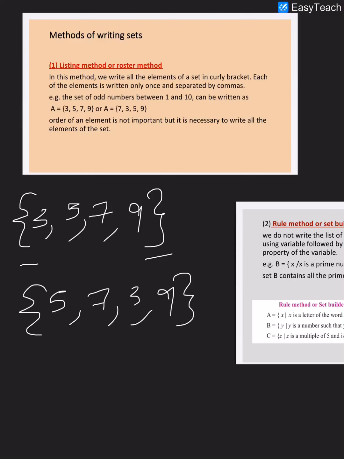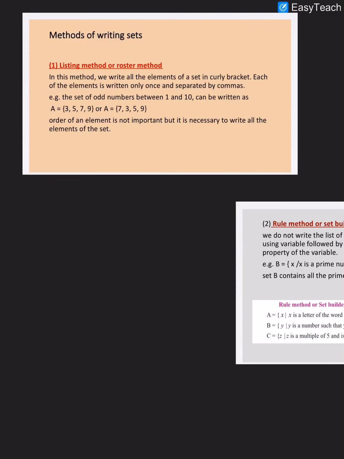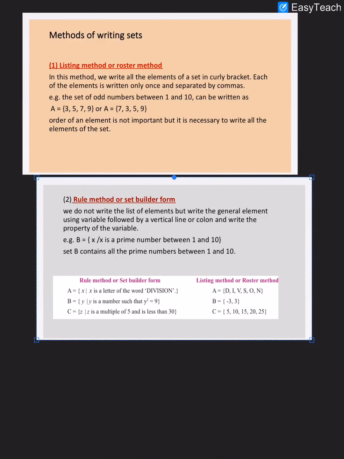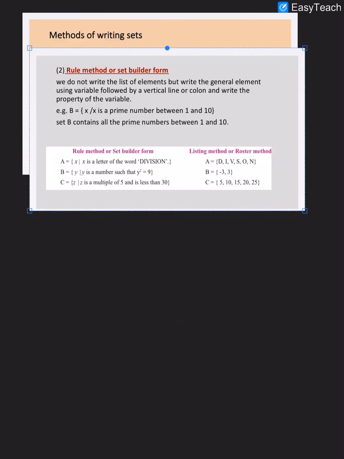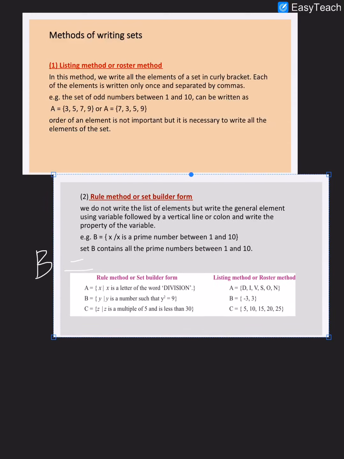Now let us see what the set builder form is. In set builder form, we do not write the list of elements but write the general element using a variable. We write B is equal to, and we do not write all the elements as we do in the roster method.